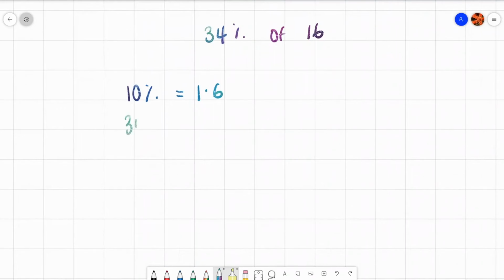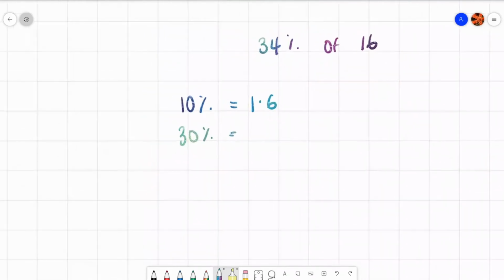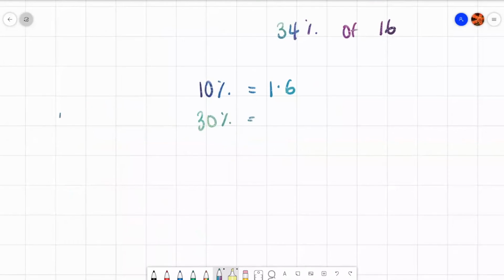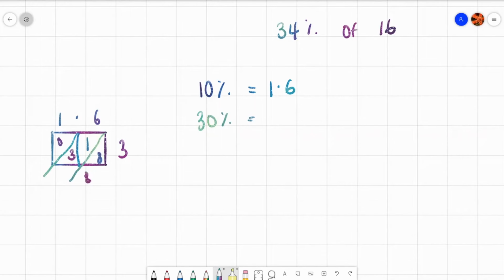I will then work out 30% by timesing by 3. So again, do an easy way of 1.6 times 3 like this. 6 times 3, 18. 1 times 3, 3. That is 8. 3 and 1 is 4. 0. Bring that down, 4.8.